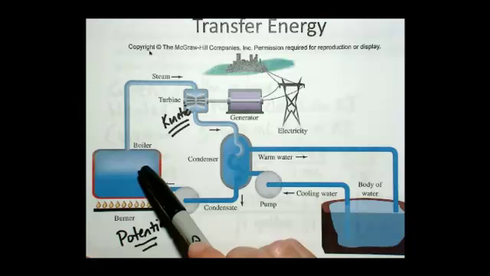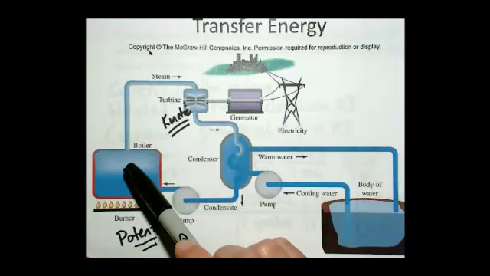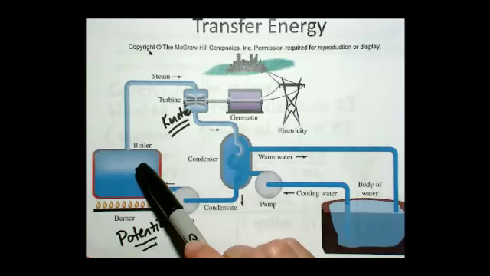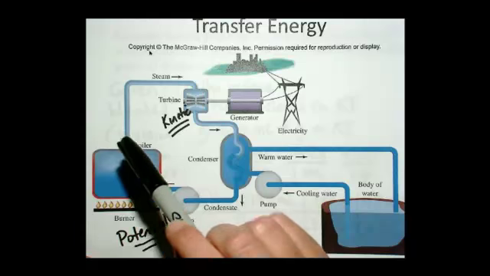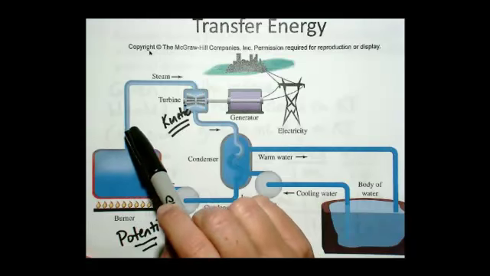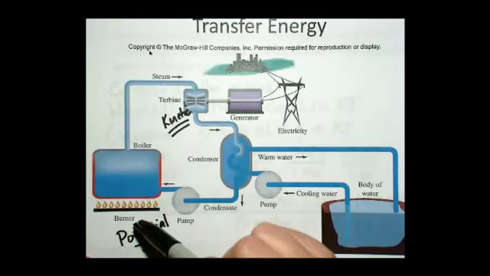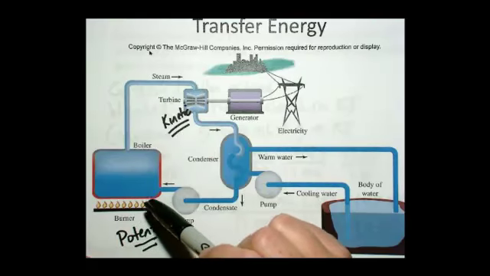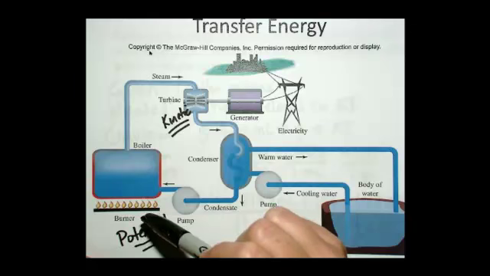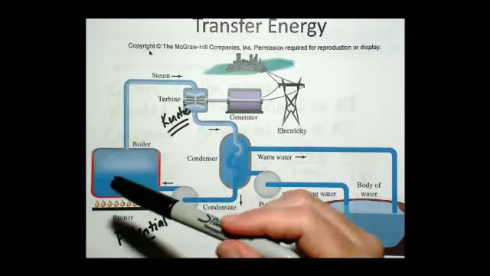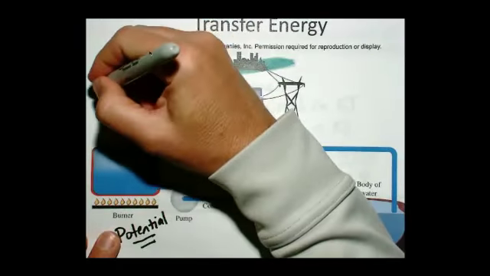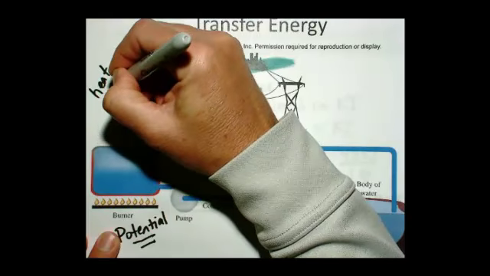We're going to try to take this process down. In the boiler we have water, and we're boiling the water. It's going from a liquid to a gas, and when it becomes a gas, it expands. Every time energy is transferred from one form to another, it's transformed basically in the form of heat or work.